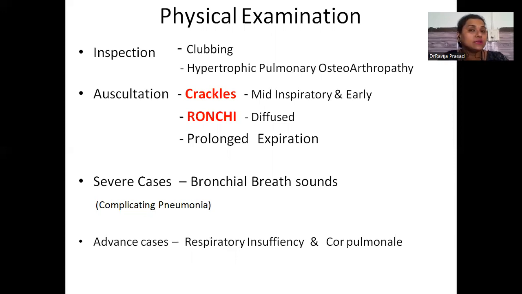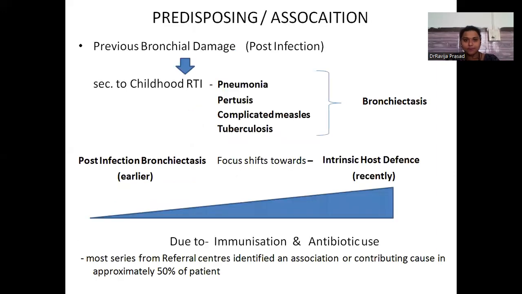On auscultation, you'll find crackles in mid-inspiratory and early expiratory phase, rhonchi in diffuse areas, then prolonged expiration. While auscultating, you will find these hallmark sounds. In severe cases, you'll hear bronchial breath sounds in complicated pneumonia. In advanced cases, you'll find respiratory insufficiency or cor pulmonale.